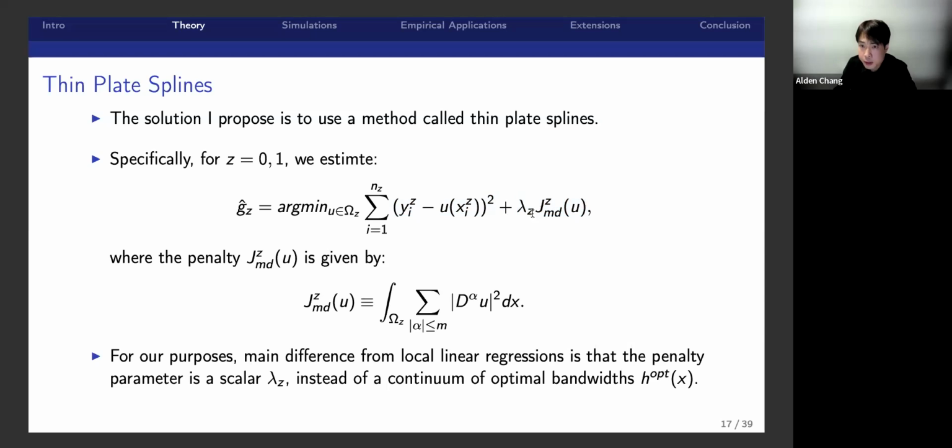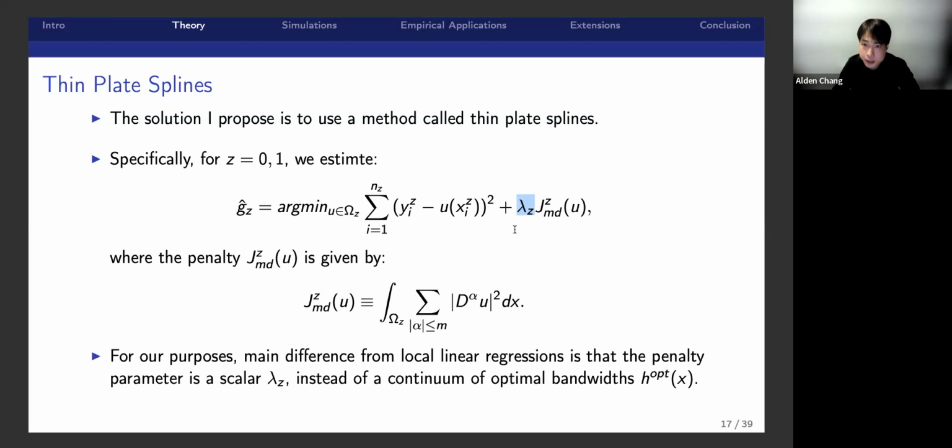And this penalty term has to do with the second derivative of the function. So functions that are more wiggly, that have more curvature, are penalized more. And there's this penalty parameter, lambda, which controls how smooth the function should be.